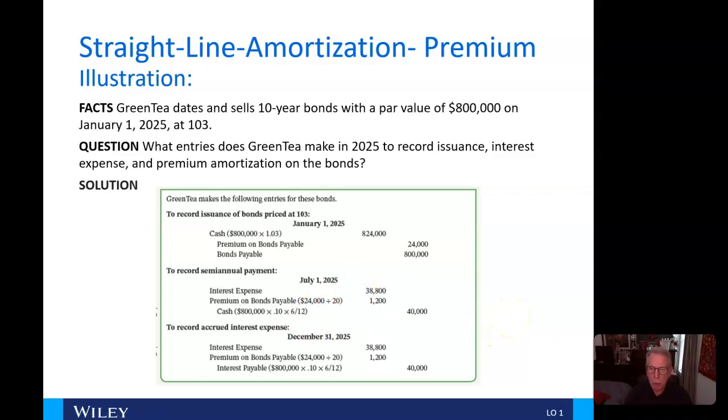And that's how we would record that semi-annual payment. Now you'll notice here on December 31st, it's interest payable, not cash, only because we're not paying that until January 1, 1 day later. Okay, so we're accruing that interest expense at the end of December.